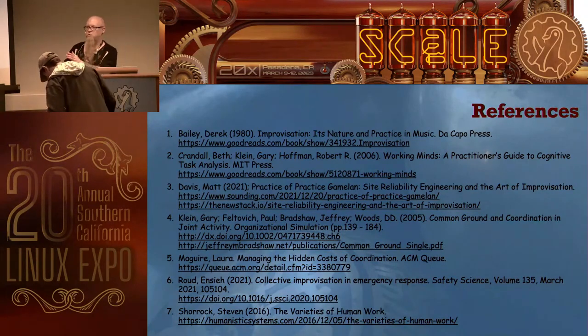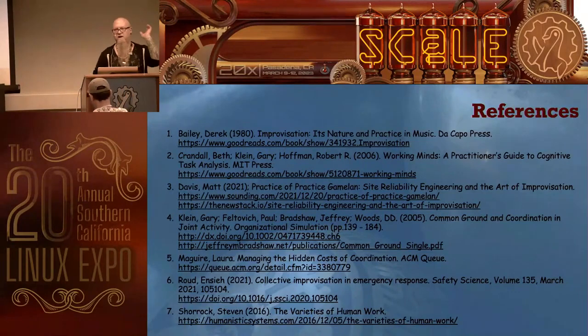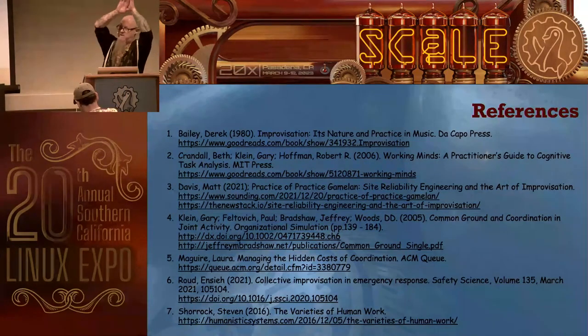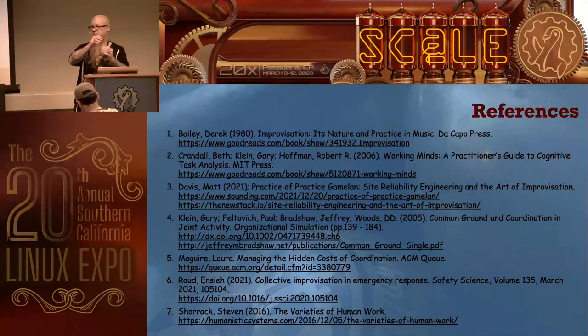What happens in ITIL is that you've got a commander, and they're micromanaging all the way down. So ITIL only lets you do things in certain ways, in specific contexts. There's no flexibility.